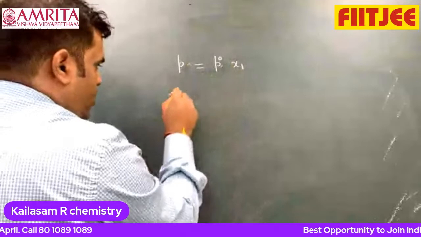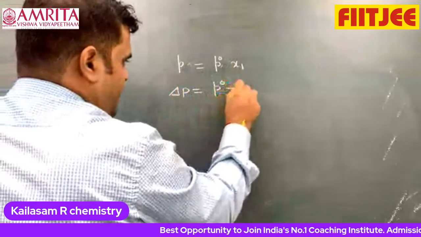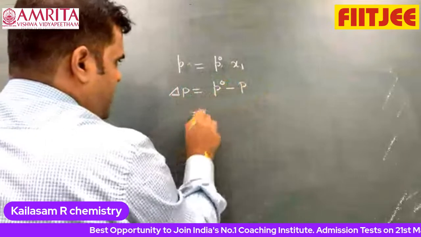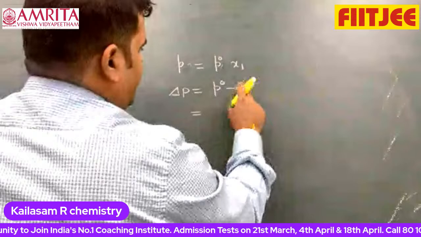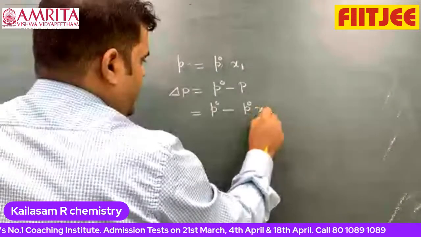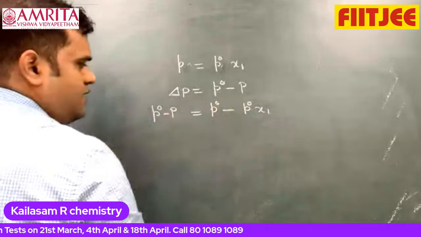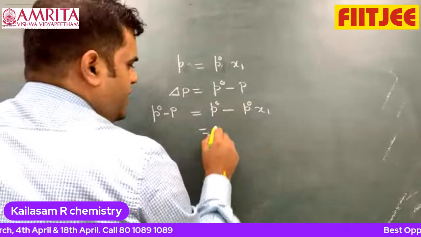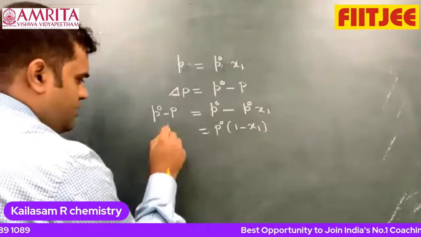Now when I add a non-volatile solute, delta P equals P naught minus P, which is P naught minus P naught X1. So I can take it as P naught (1 minus X1).